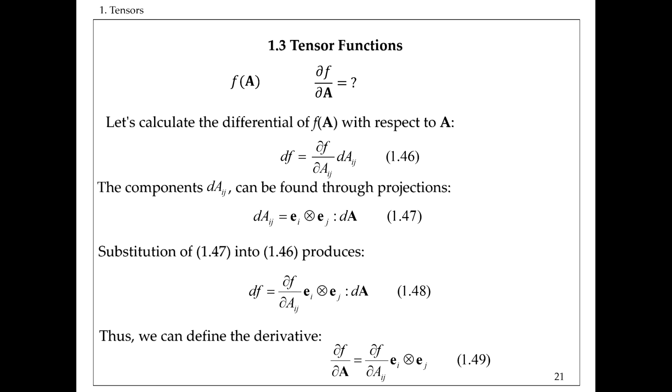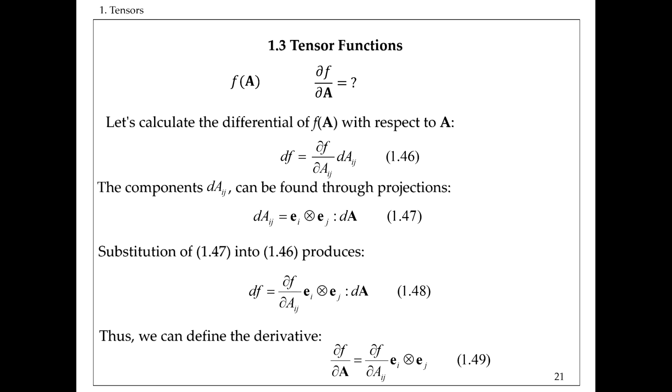Now with this definition in 149, we can extend that to any higher order objects, right? So now we can think about a situation when we have another tensor, let's say a second order tensor for the sake of discussion, that depends on another tensor.